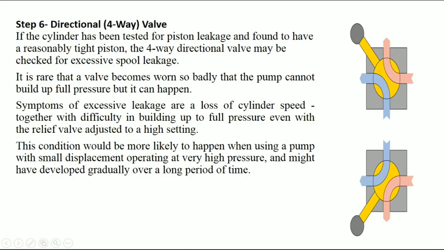Symptoms of excessive leakage are a loss of cylinder speed together with difficulty in building up to full pressure, even with the pressure relief adjusted to a high setting. This condition would be more likely to happen when using a pump with a small displacement operating at very high pressure, and might have developed gradually over a long period of time.